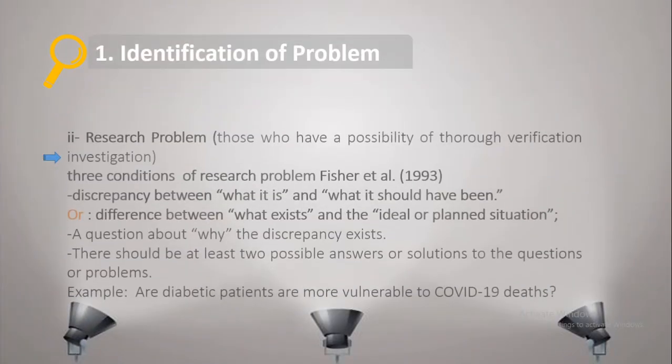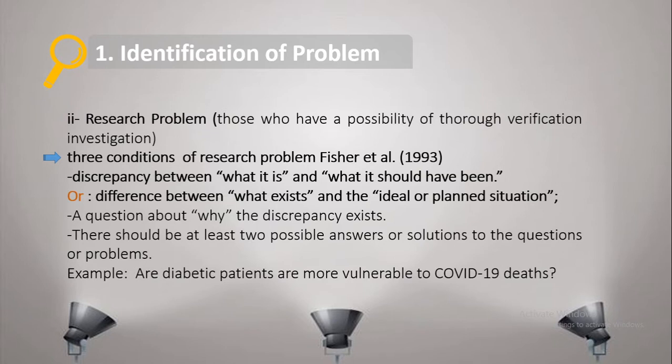The other type of problem is the research problem, which we are interested in. Those problems can possibly be verified and investigated through a study or a research. The research problem has three basic conditions according to Fisher et al.